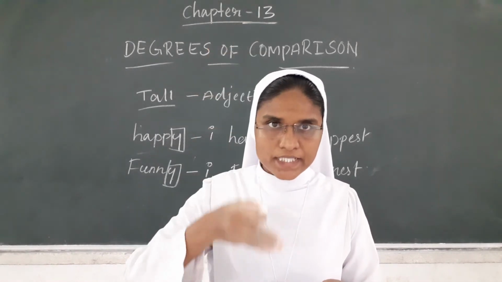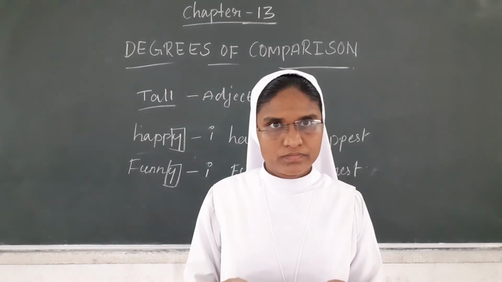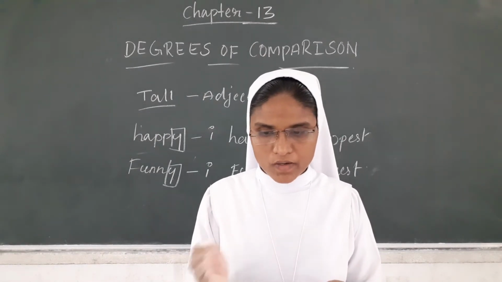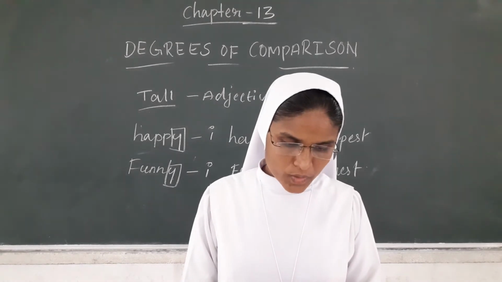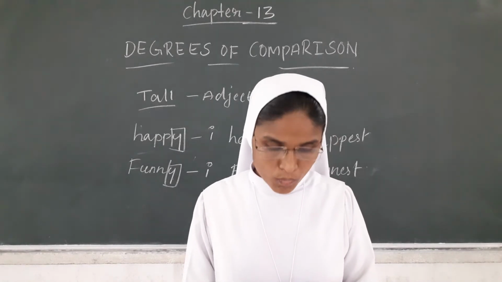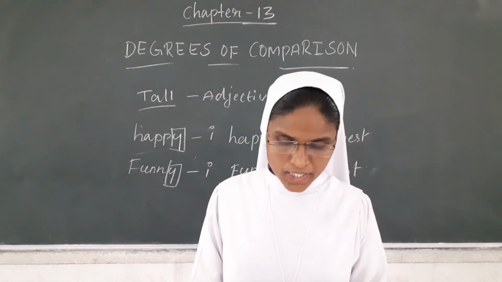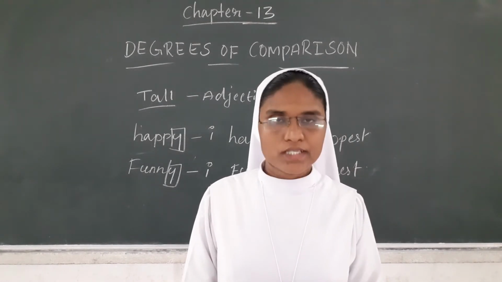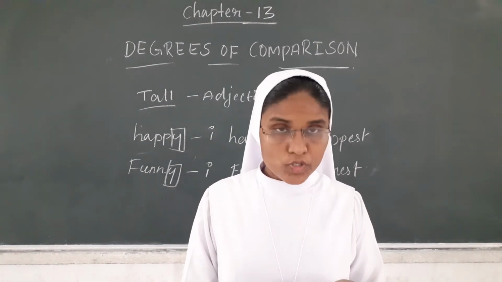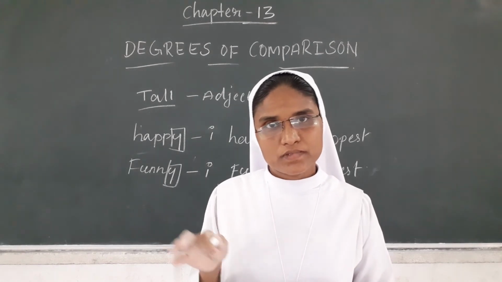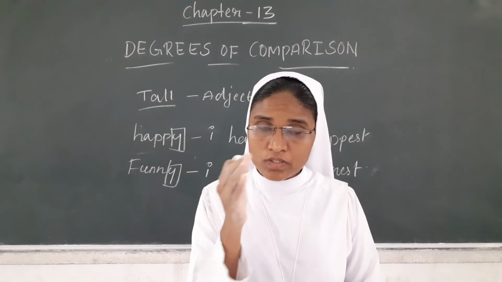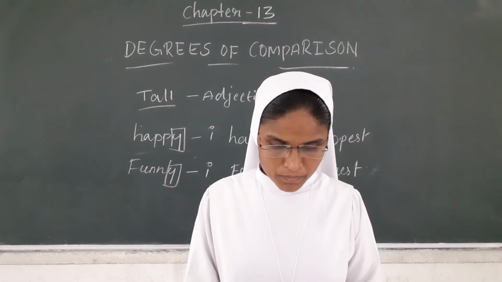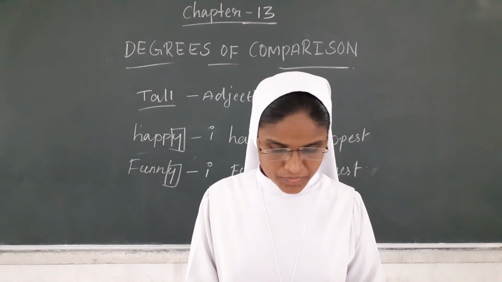Syllables means cutting the word, dividing the word. So when this comes, we use more and most. Beautiful. Already I have taught you syllables. So more beautiful and most beautiful.